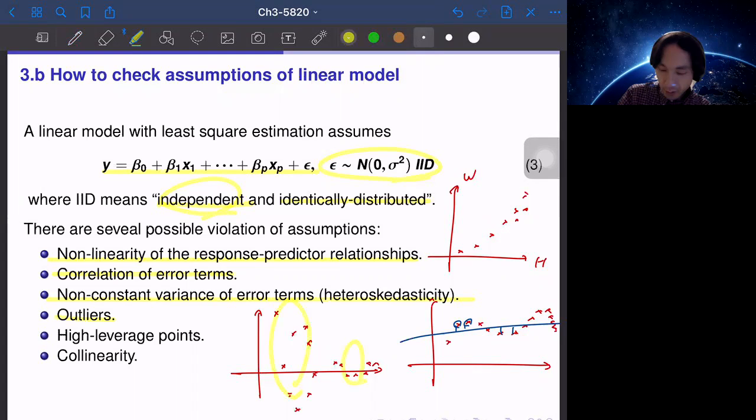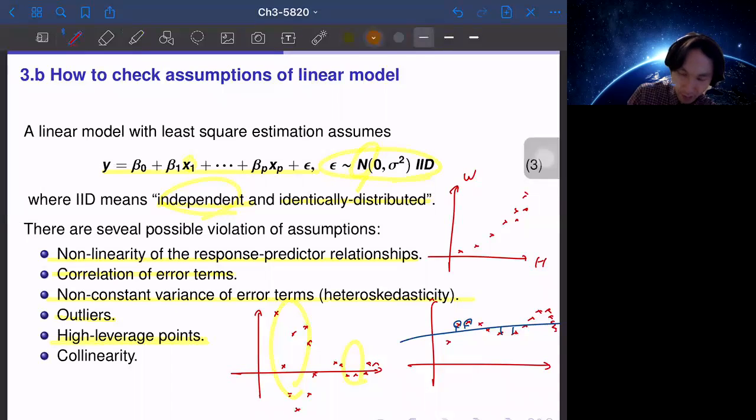Outliers. The normal assumption means that there are not many outliers, but sometimes we have outliers, very large or very small epsilon. Or also an outlier for x. So some x values are really large, maybe just because of a recording error.